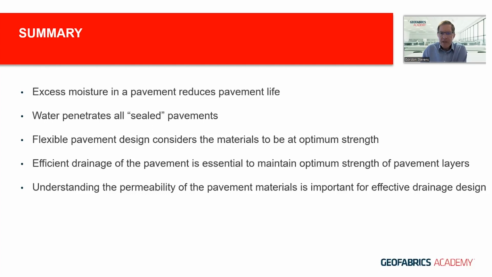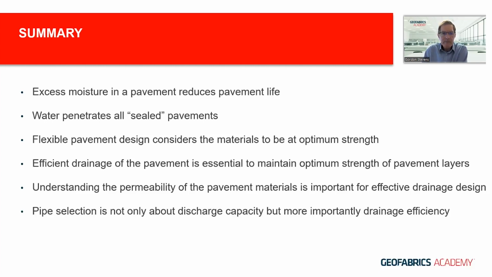Obviously, care must be taken when selecting pavement and materials to ensure excess moisture can actually drain out of the pavement and you don't end up with a perched water table within your pavement layers. Discharge capacity when selecting your pipes is not the only measure. The speed of water removal is arguably more important when selecting your drainage pipes.